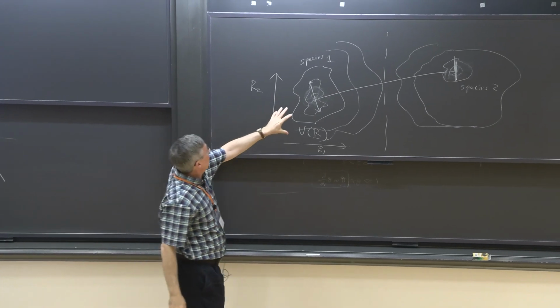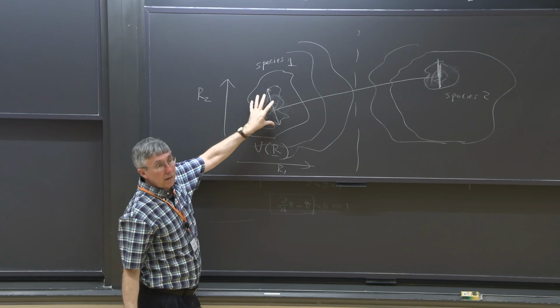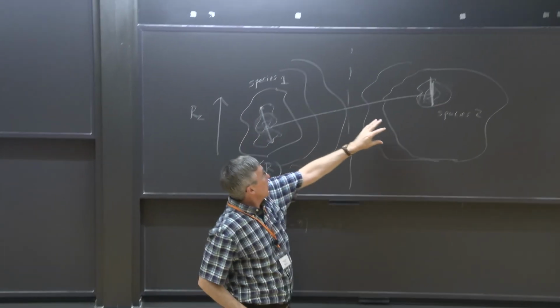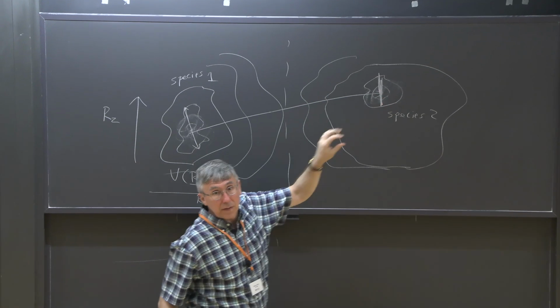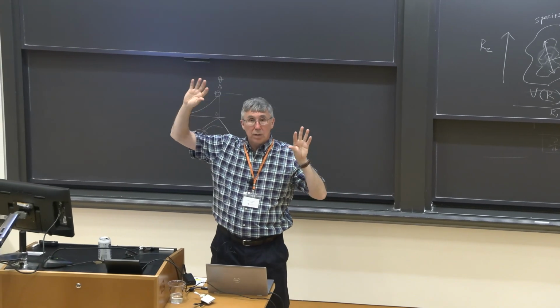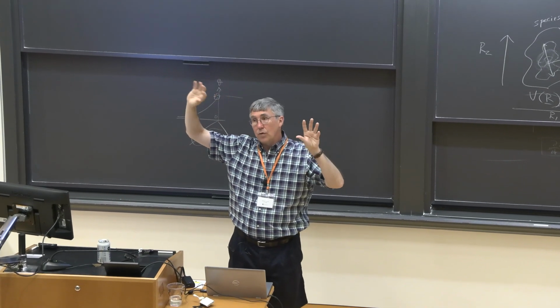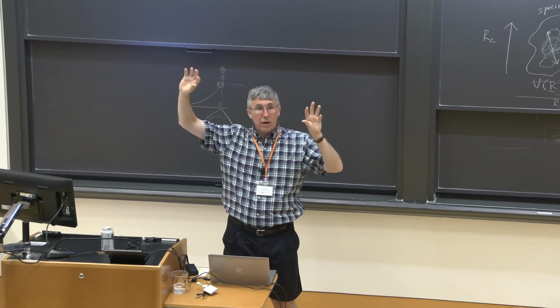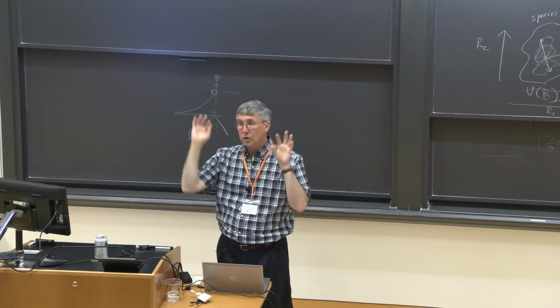So this big valley, if it's steep, will have a high probability of being here. And if this valley is a little bit higher and smaller, then it'll have a lower probability of being there. And so the ratios of those probabilities are related to the equilibrium constant. If we get the system to thermal equilibrium, then all these states will be Boltzmann populated, and the ratios of the populations of each valley would be proportional to the ratio of the Boltzmann factors.